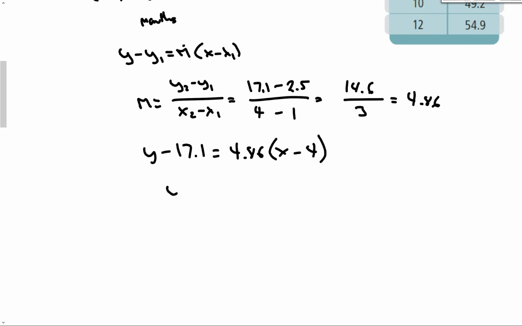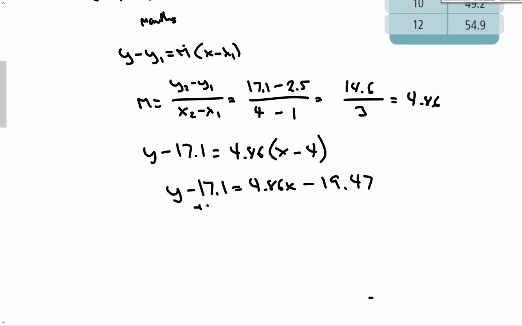So my formula becomes, let's distribute first, minus 17.1 is equal to 4.86x minus 19.47.